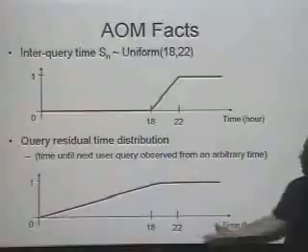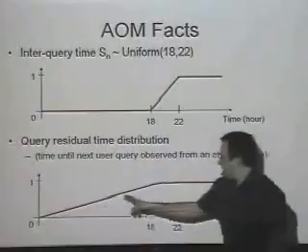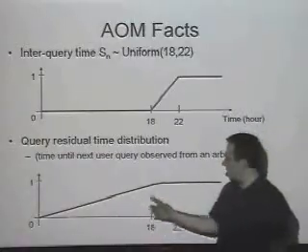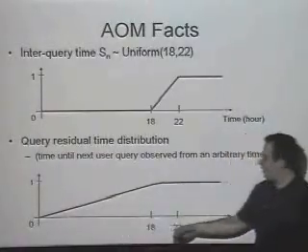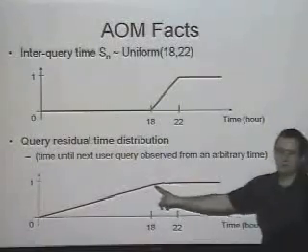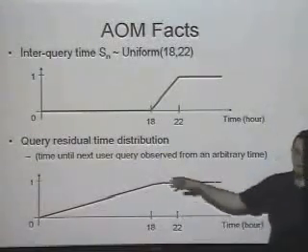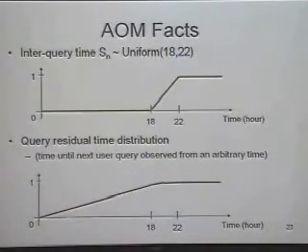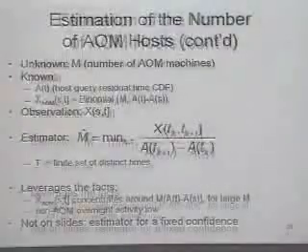This map is well known. You do it, and essentially if the query is on 0 to 18, it is uniform on that interval. If it is on 18 to 22, this is essentially a quadratic band up to 1. So this is the residual time distribution of the interquery time.